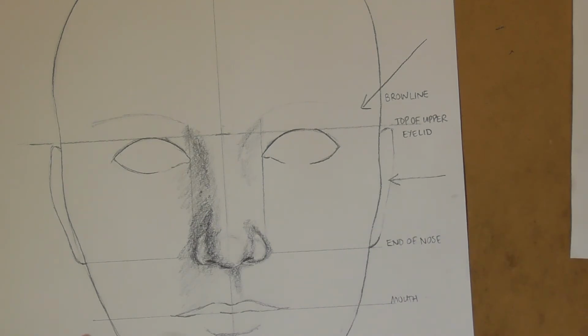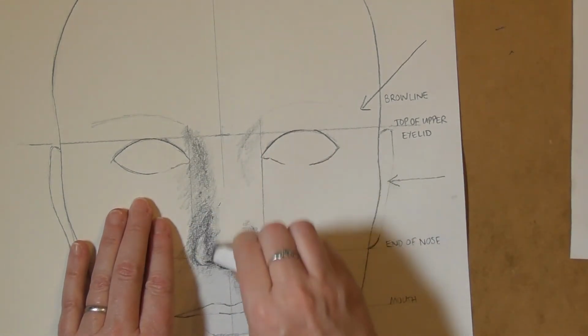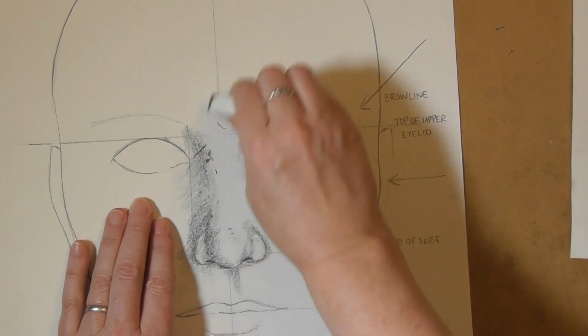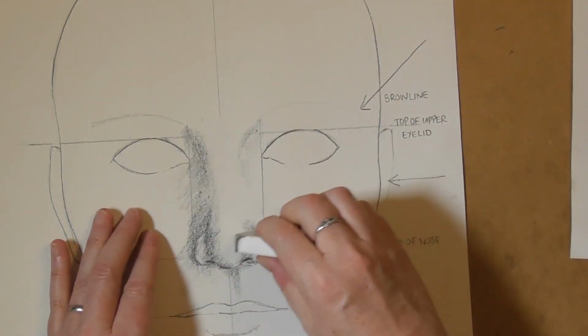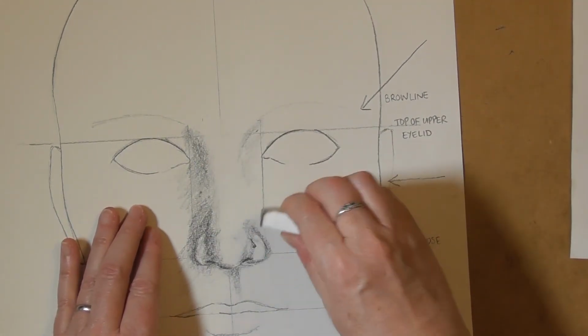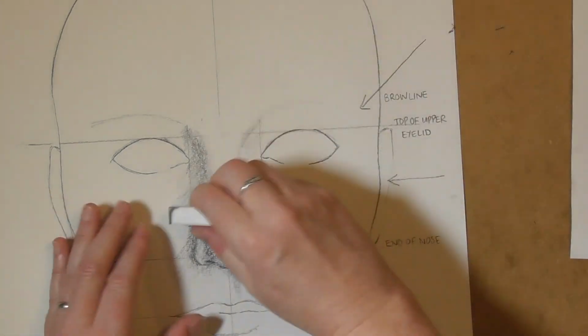Okay, so once you've got that far, you can rub away all the lines that you don't need or want. A lot of the time the shading itself will take care of that anyway.